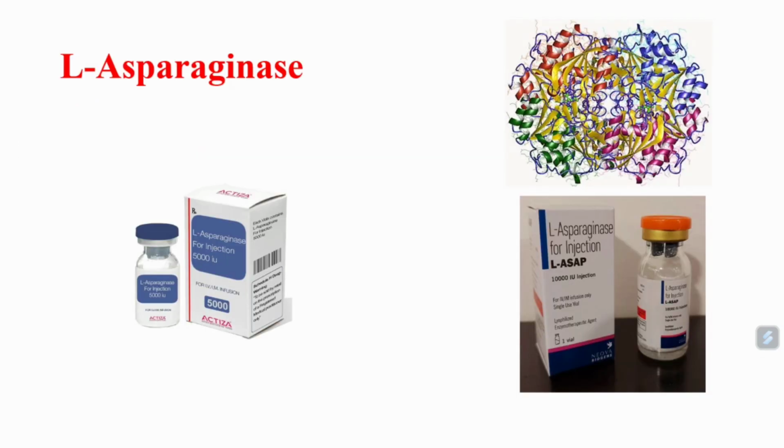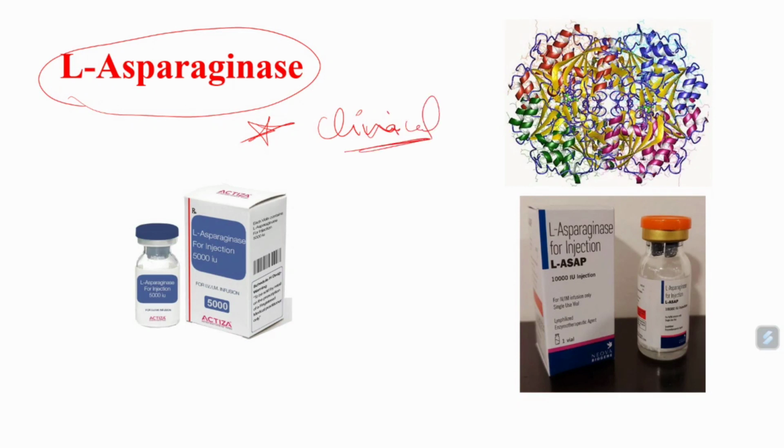Okay, and now the very important enzyme is L-asparaginase. This enzyme is very important. First of all, let us see that L-asparaginase has two uses. Number one, clinical use. In clinical use, it is mainly used in two conditions.